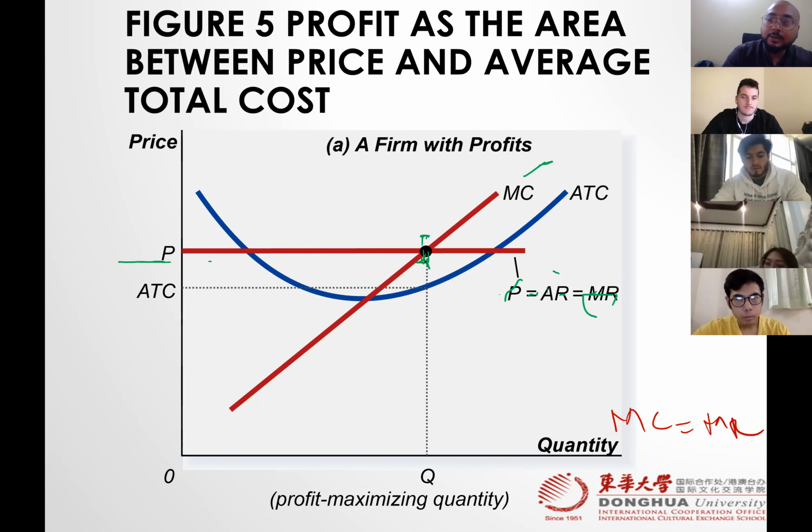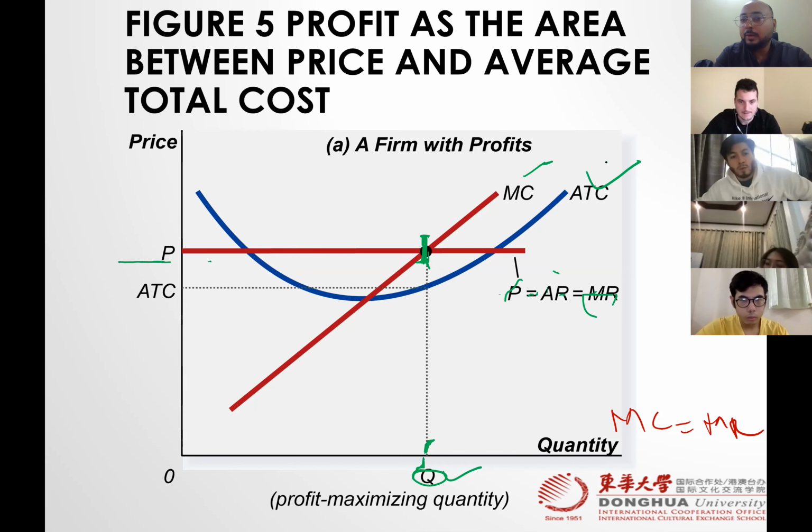So what is the purpose of this condition? To find out Q. To find out this Q. And now to produce this Q, what is the cost of this Q? Cost would be on the average total cost curve. Where is the cost of the Q?